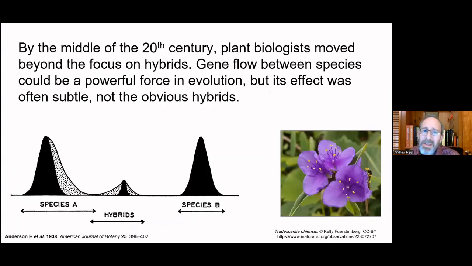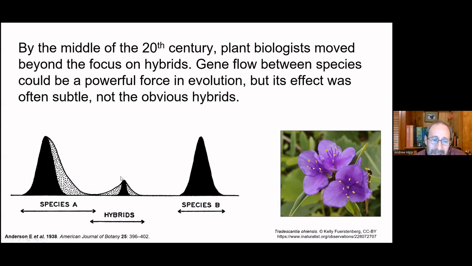So by the middle of the 20th century, people had shifted away from thinking about just hybridization to beginning to think about, okay, since we know that hybridization is going on, what does it do for the species? What we have here is a really nice illustration from Edgar Anderson talking about work that he was doing at the time. We have species A here, species B here.